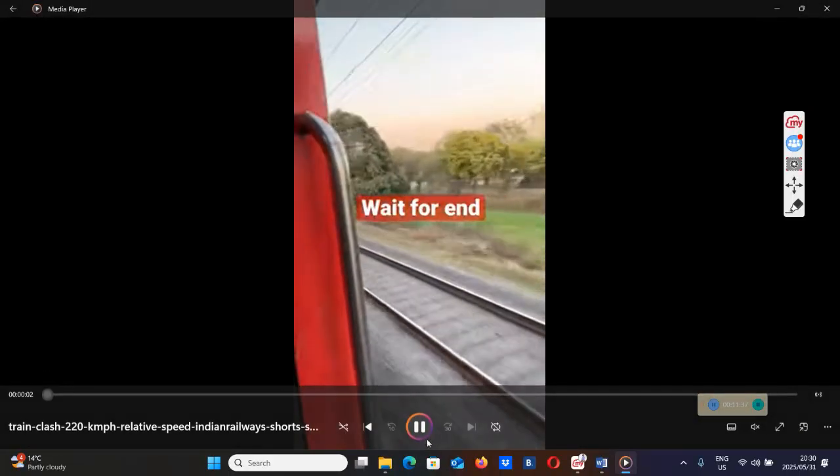Look at the trees at the moment. The trees appear to be moving to the right, but they appear to be moving slower. Then once this train comes in, you will see that the passing speed is now faster.